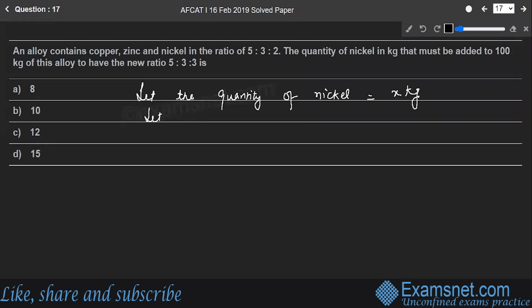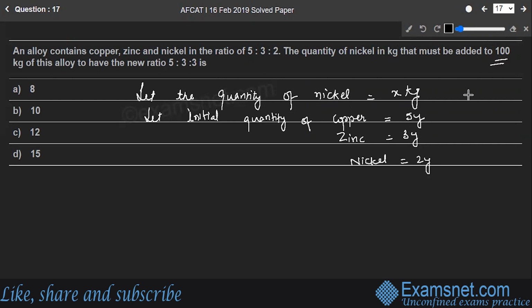Also, we will assume let the initial quantity of copper be 5Y, zinc 3Y, and nickel 2Y.